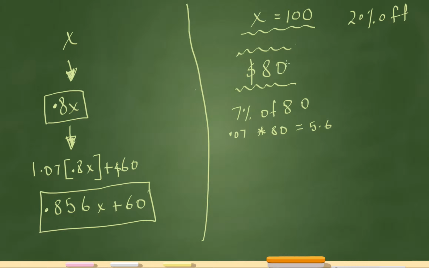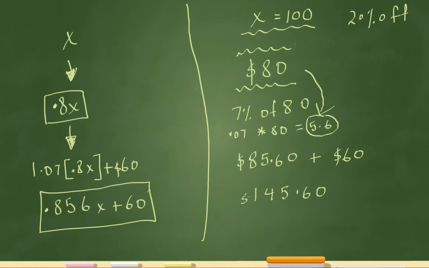So if my after-discount price of the television is $80 and my tax is $5.60, I'm just going to add these two together to give me the total price after tax, which will be $85.60. And remember, I still have a $60 flat delivery fee that they're also charging me. So if I do 60 plus 85.6, that'll give me $145.60 as my final price of the television.